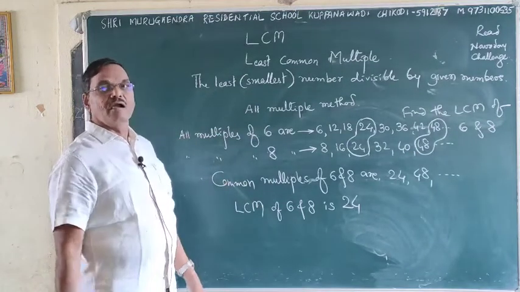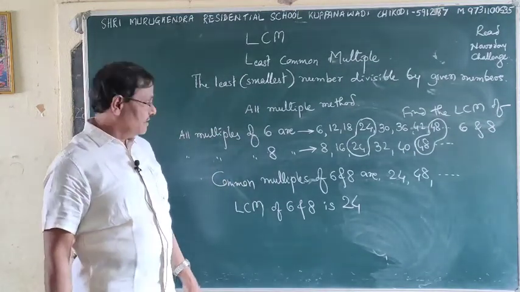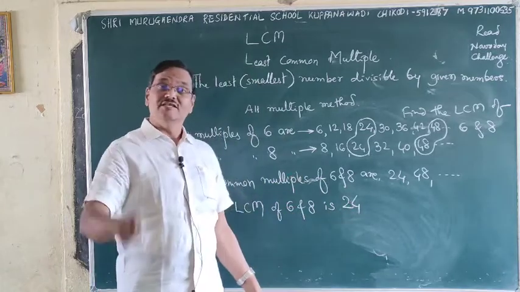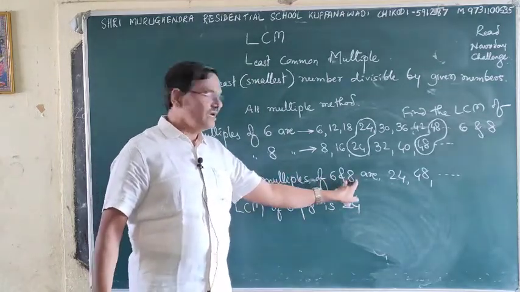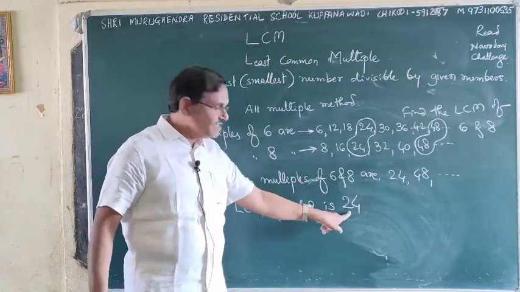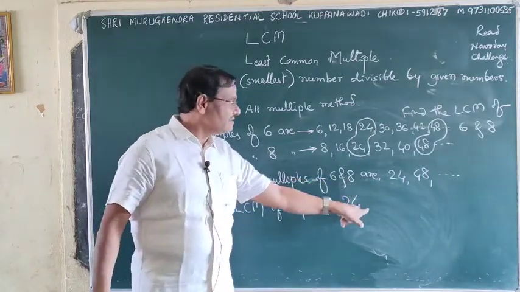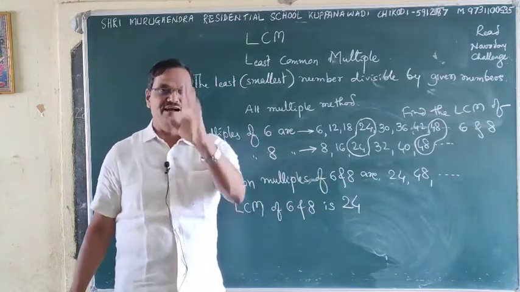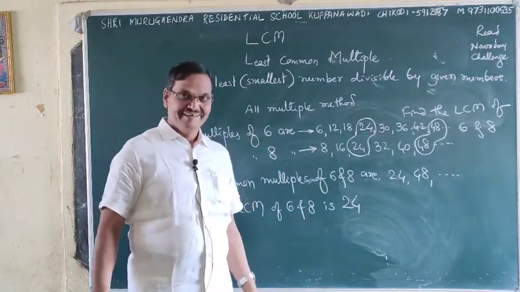Then what did you conclude here? 24 is the least number divisible by 6 and 8. Understood? 6 4s are 24, 8 3s are 24. Yes, our answer is correct.